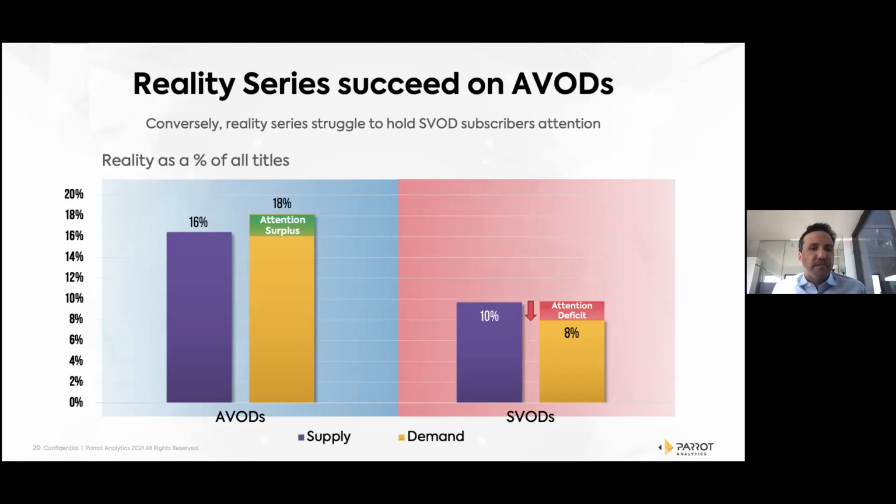Really what this means is that the reality titles on AVODs are doing as well or better than some of the other titles they offer. And if we look at the same perspective on the SVOD side, we actually see the opposite, right? So it makes sense that realities are a better fit for AVODs, and that's what the demand is showing.